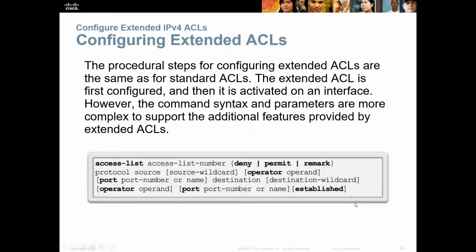So how do we configure an extended ACL? Again, pretty similar. Access-list, the appropriate access list number, 100 through 199, and 2000 through 2699. Double check the numbers. You always want to make sure to be using the extended ACL numbers.